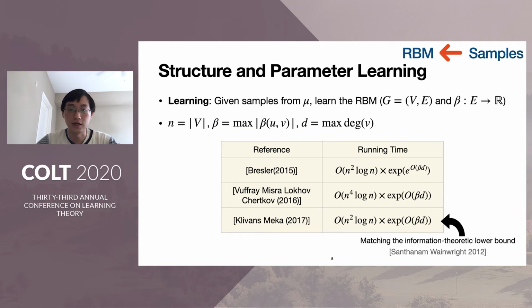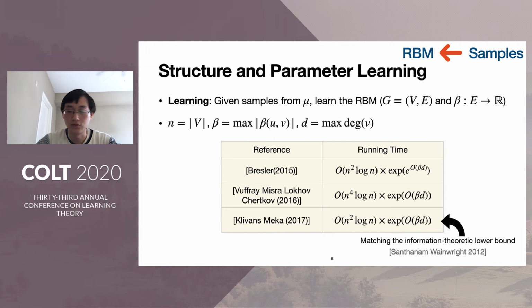And in 2015, Bresler gave the first n squared log n running time algorithm for learning, but unfortunately, its running time is double exponential in beta d, where beta is the maximum edge weight and d is the maximum degree. And one year later, it was improved to n to the fourth log n and e to the beta d.